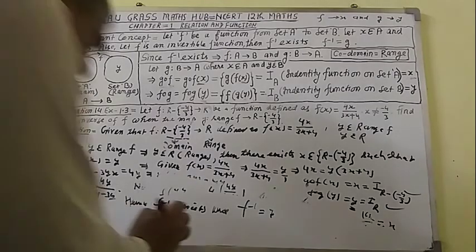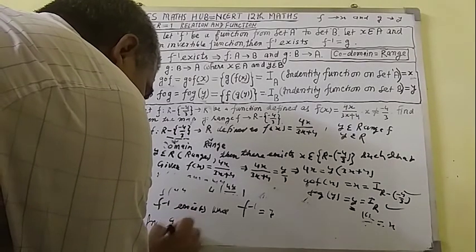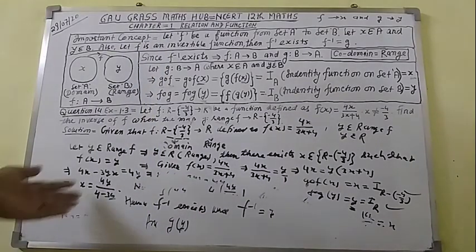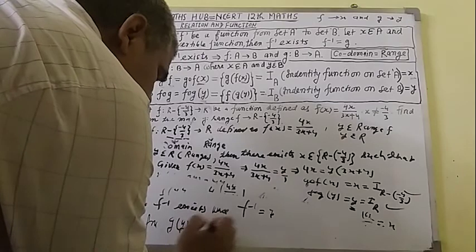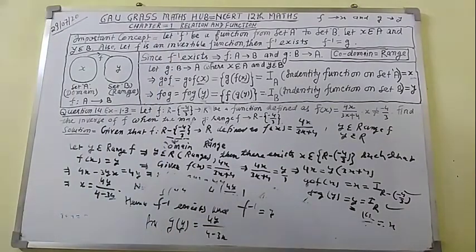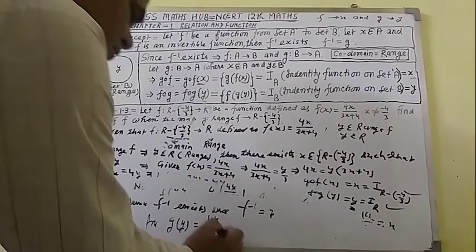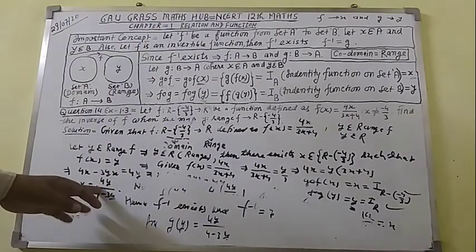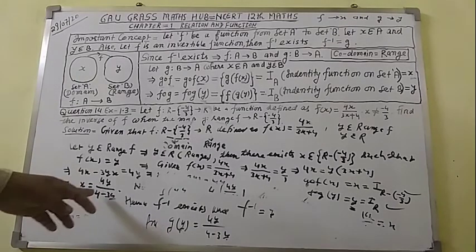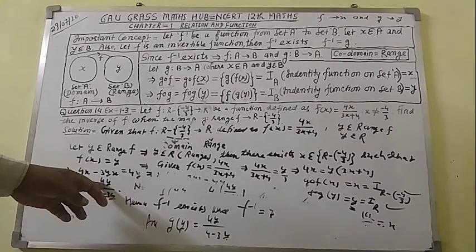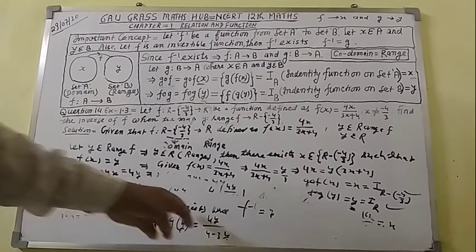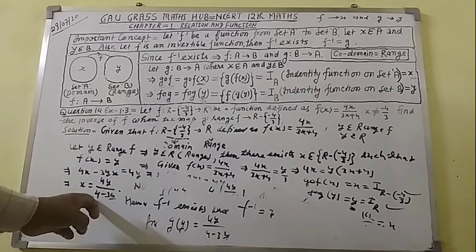So g(y) equals, just write this value you have got here, 4y over 4 minus 3y. From here, this value you have got: 4y, and x has gone, with 4 minus 3y. So here I have written 4y whole over 4 minus 3y.